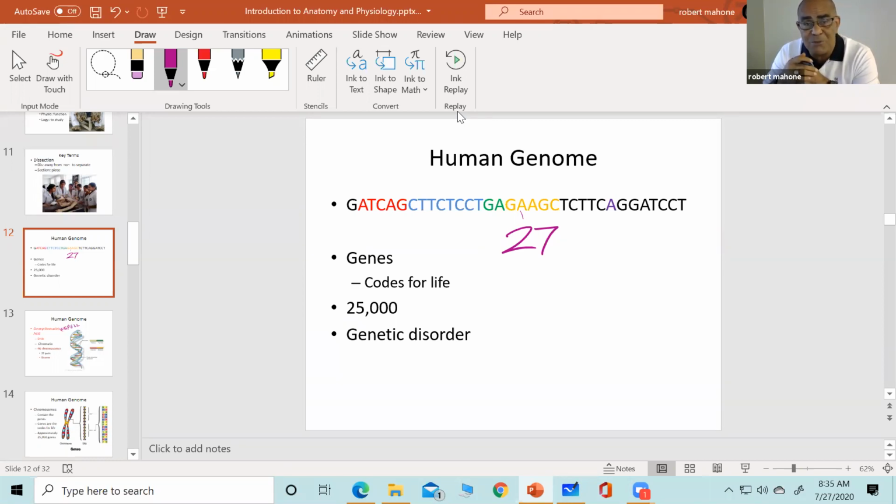Things like multiple sclerosis, myasthenia gravis, and the list goes on. 27 things that they say that they can identify in your DNA and tell you if you're going to get cystic fibrosis.